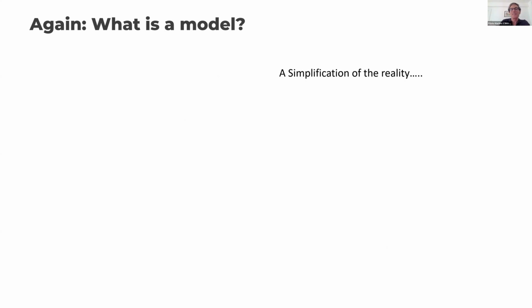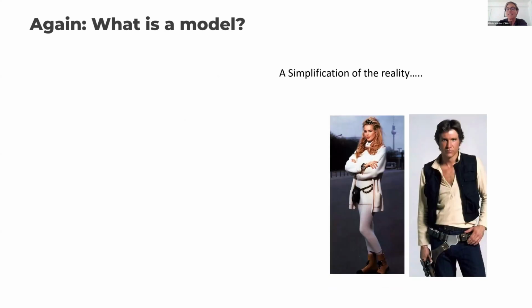Okay, so again, what's a model? A simplification of the reality, right? Like these guys over here, they are models. They are abstracted versions of the reality. They are not like this when they wake up in the morning and look at the mirror.